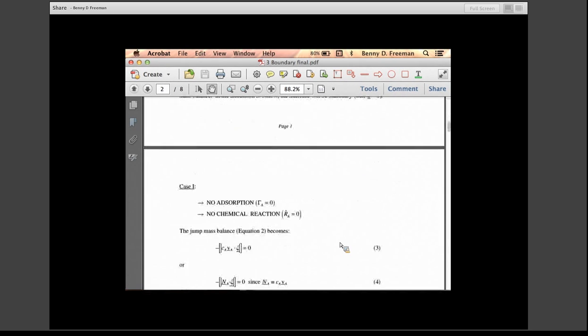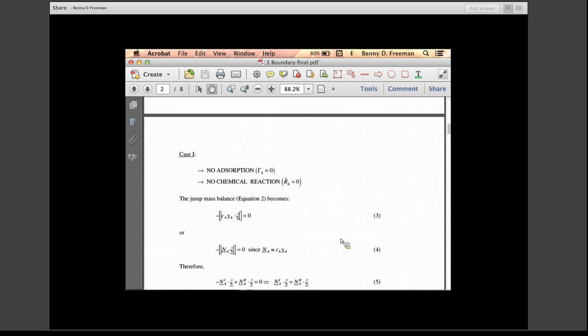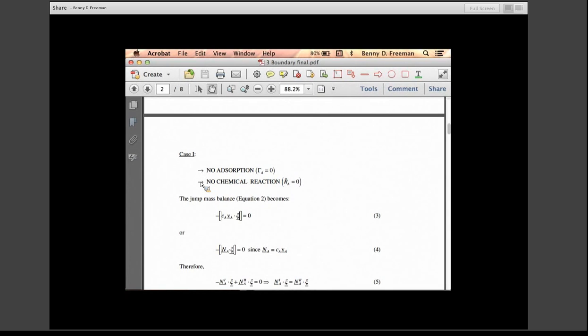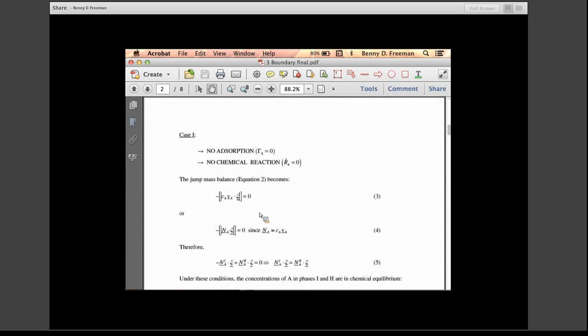And so, if we consider the first case where there's no adsorption at the interface and no chemical reaction, we can simplify this jump mass balance to the form shown here in equation 3. You'll recall that C sub A times V sub A is, by definition, the total molar flux of A at that interface.